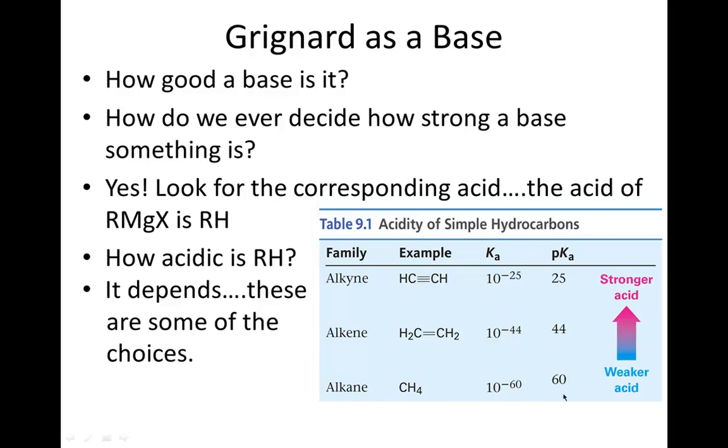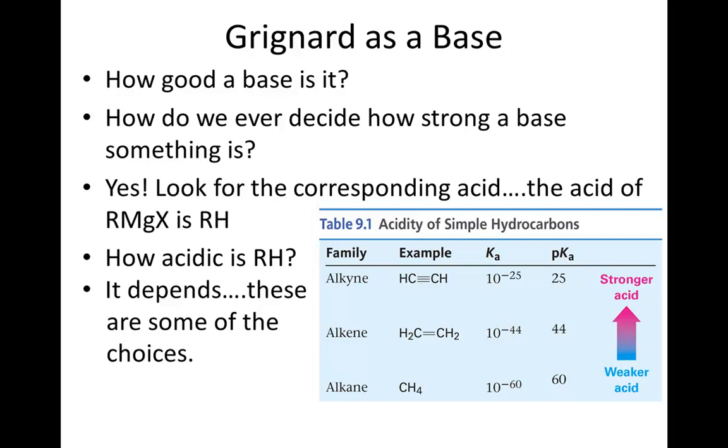Now methane is the most basic, so other alkanes are in the 50s, not quite as high a pKa as methane itself, but nevertheless, if you're comparing alkanes, this is the strongest conjugate base. So alkane type CHs are not acidic at all, and the corresponding anion is very, very basic.